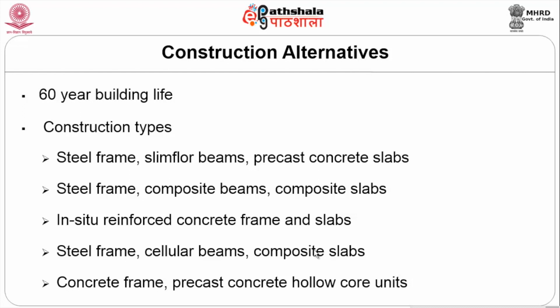It can be a steel frame which has a combination of cellular beams and also composite slabs. It can be any variety of concrete frames and precast concrete hollow core units. Among these 5 categories, the building may come under any usage of frames or beams or slabs.